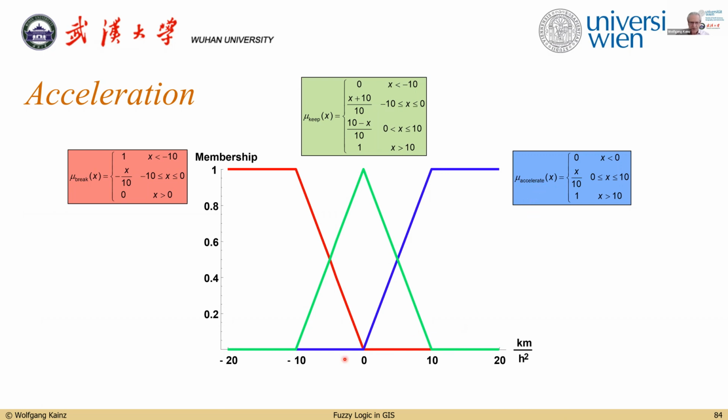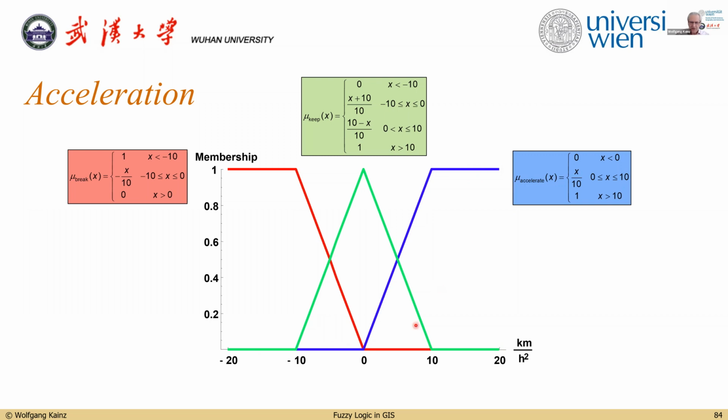For the acceleration, we say up to 0. And remember, the negative side is the braking side. So for acceleration up to 0, meaning maintaining the speed, we definitely do not brake. We definitely do not accelerate because we are on the brake side here. Then the membership value increases, at the +10 it becomes 1, meaning between 0 and 10, the membership to acceleration increases, and from 10 on it stays 1.